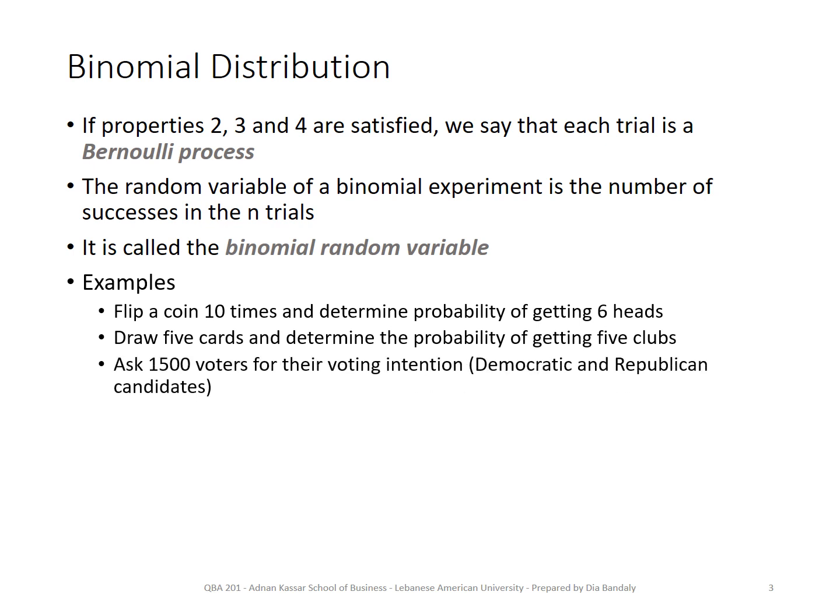Or when voters go and vote, or they are just telling their intention to vote, are they going to vote for a Democratic or Republican candidate? So here we have only two possibilities, either Democratic or Republican. So this will fall under a binomial experiment.